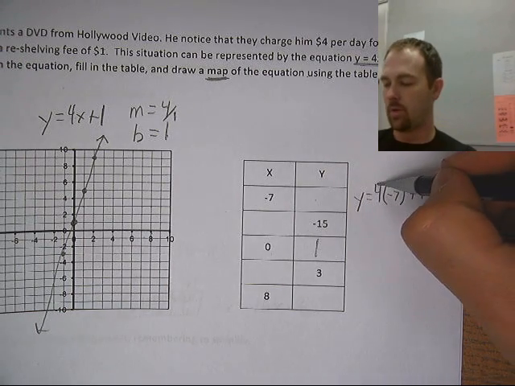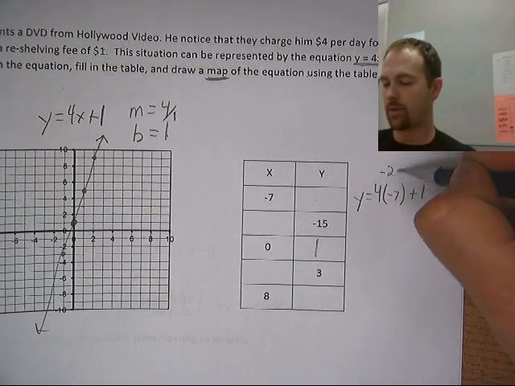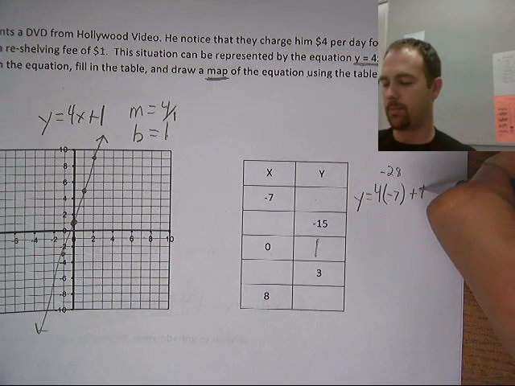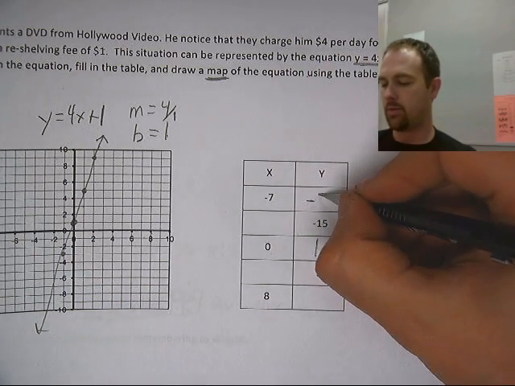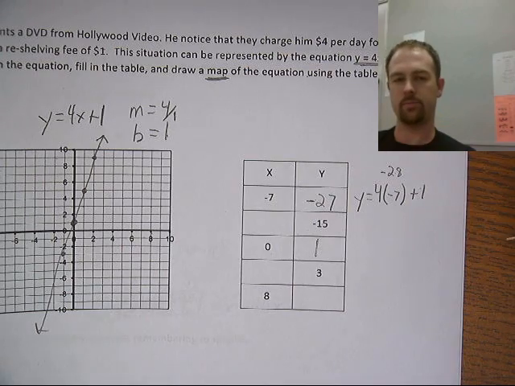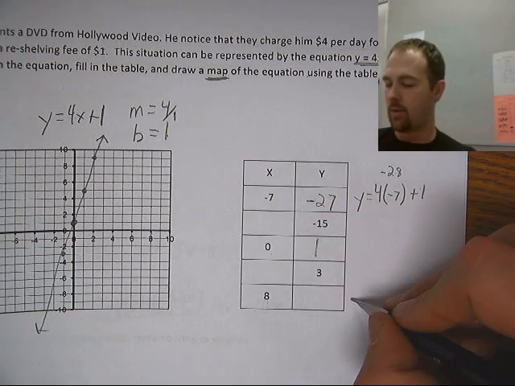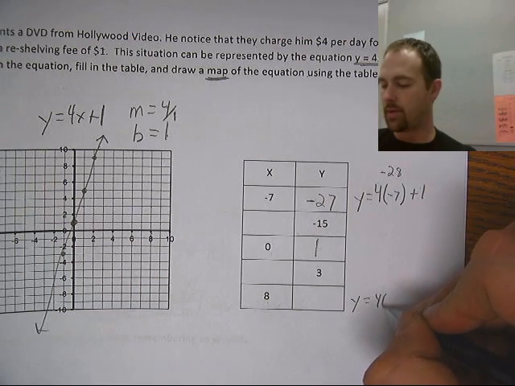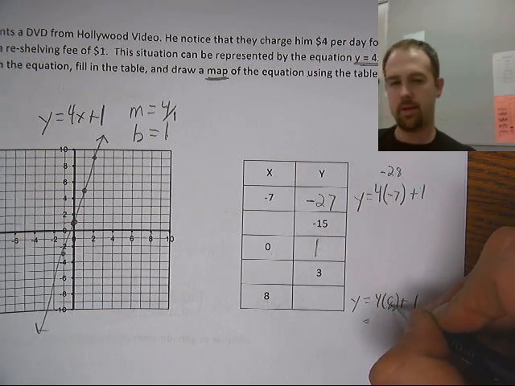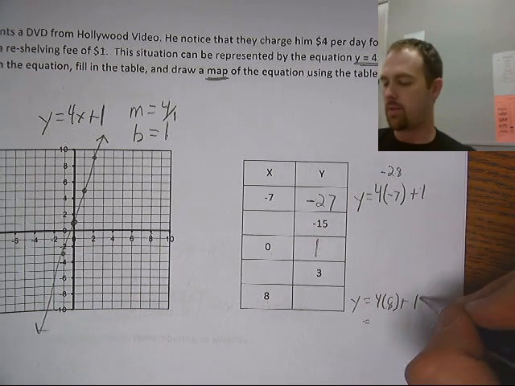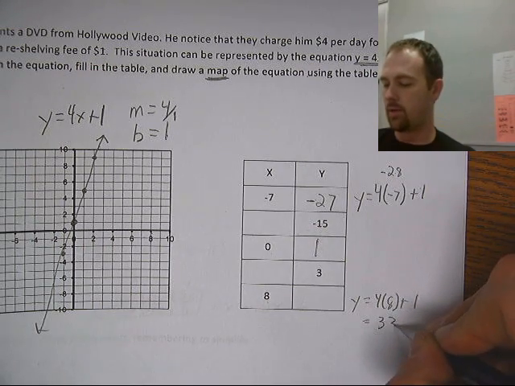Well, 4 times negative 7 makes negative 28. Negative 28 plus 1 makes negative 27. Let's go down here and do the exact same thing for my 8. y equals 4 times 8 plus 1. 4 times 8 is 32. 32 plus 1 gives me 33.